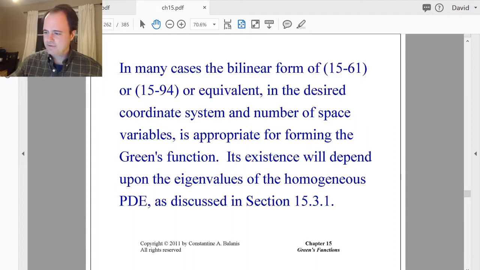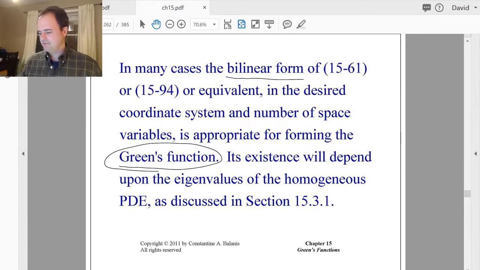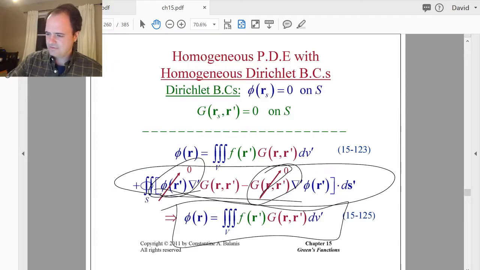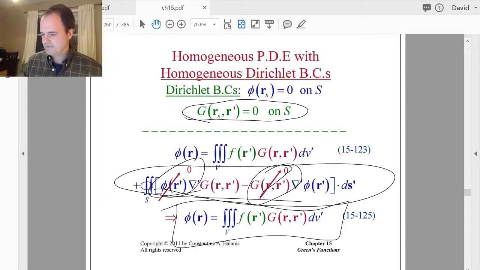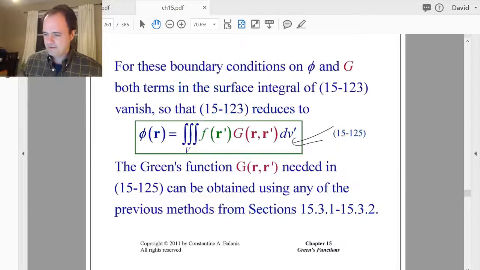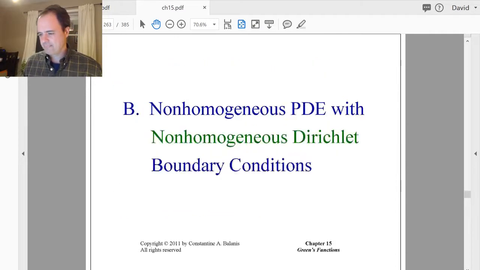So you can either use the bilinear form for the series, or the closed form for figuring out the Green's function, and then apply this equation. You can find the Green's function in any way you wish, just so that it satisfies this boundary condition on the surface, and then you'll be able to use this equation to figure out phi for any driving function f. All right.